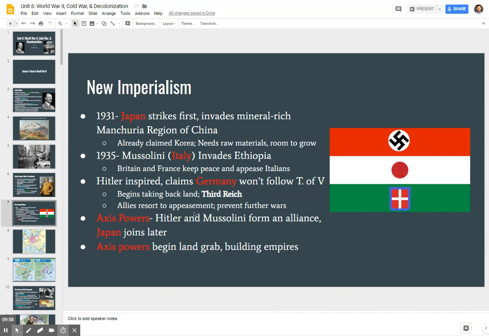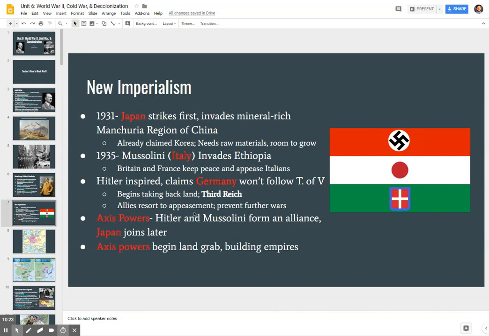They invade Ethiopia and try to take their resources there. And so you're seeing a growing involvement with both these two countries in the same realm as Germany in taking over new lands. Now, Germany won't be able to form as many new colonies elsewhere because of the Treaty of Versailles that limits how much land they're going to take.